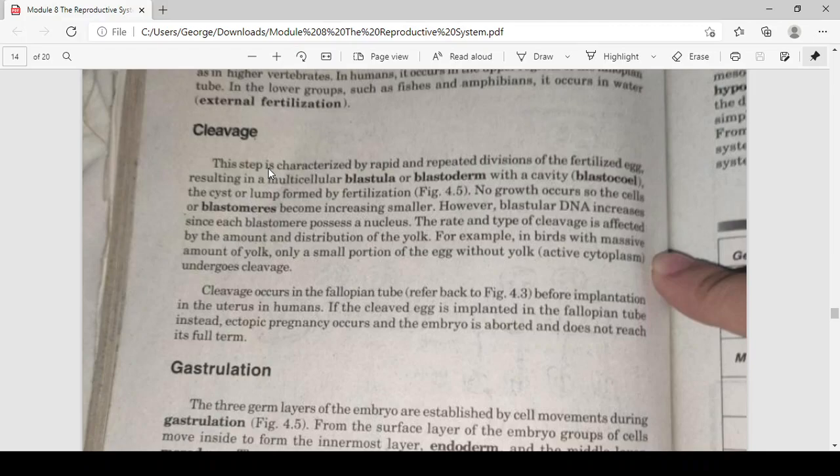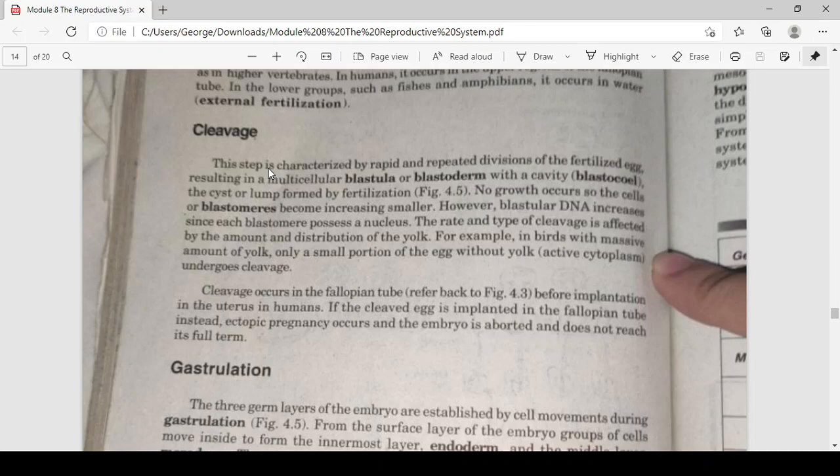However, blastular DNA increases since each blastomere possesses a nucleus. The rate and type of cleavage is affected by the amount and distribution of the yolk. For example, in birds with a massive amount of yolk, only a small portion of the egg without yolk, or the active cytoplasm, undergoes cleavage. Again, ang wala lang yolk ang mag-undergo sang cleavage.